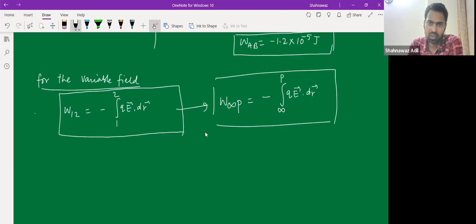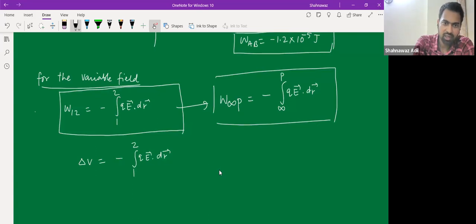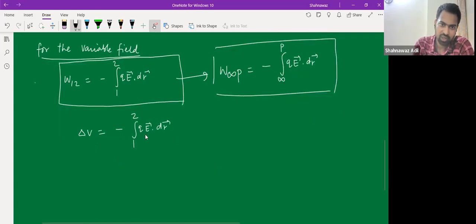Yes. So we can write W12 as delta V, right? Or we can write this as delta V, which is equal to minus of Q E dot dr from 1 to 2.